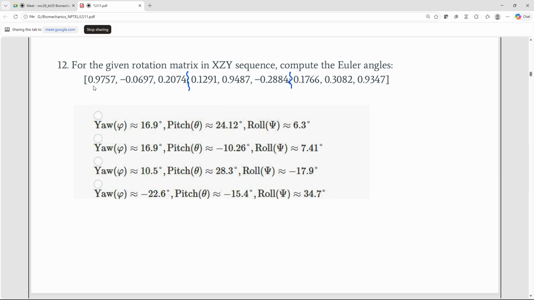The first row of the matrix is 0.9757, minus 0.0697, and 0.2074. The second row is 0.1291, 0.9487, minus 0.2884. The third row is 0.1766, 0.3082, 0.9347.